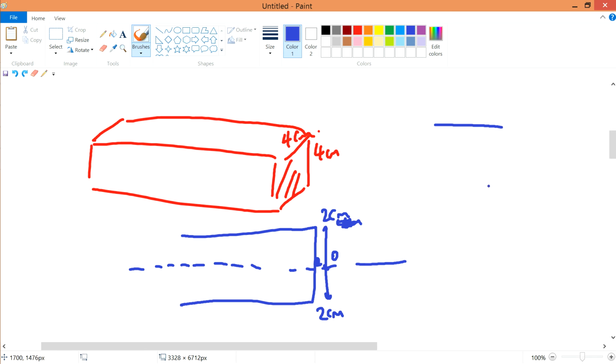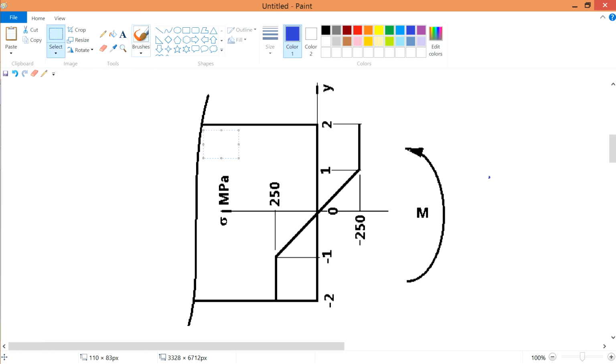So how do we draw this? This thing over here is your beam, and it has a certain stress distribution that crosses over half of it. So the yield stress actually reaches half of this. The total length is 4 cm.